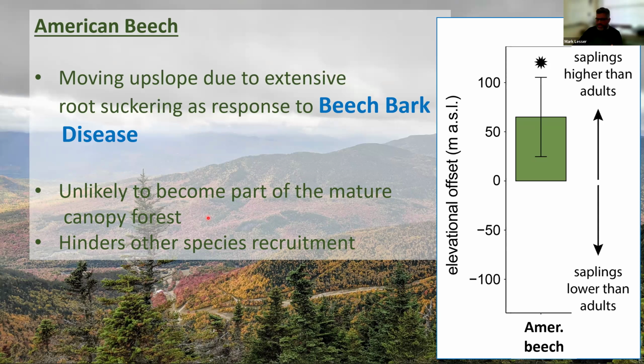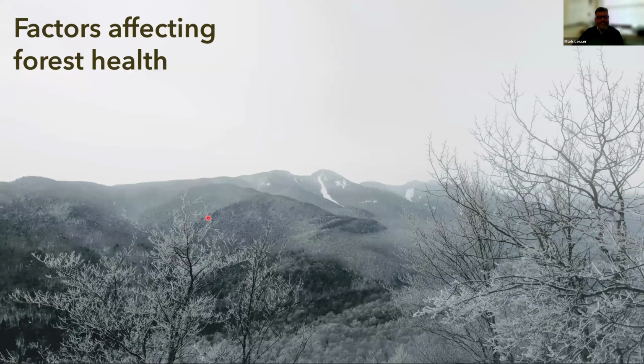Beech is also, as I'll touch on again in a second, very shade tolerant and hinders other species' recruitment, not just through its heavy shading, but because of interactions with deer herbivory as well, where deer avoid beech to a large degree. It's not a favored browse species, and so they eat other things. They leave the beech. The beech inhibits regeneration of other species, and so on and so on.